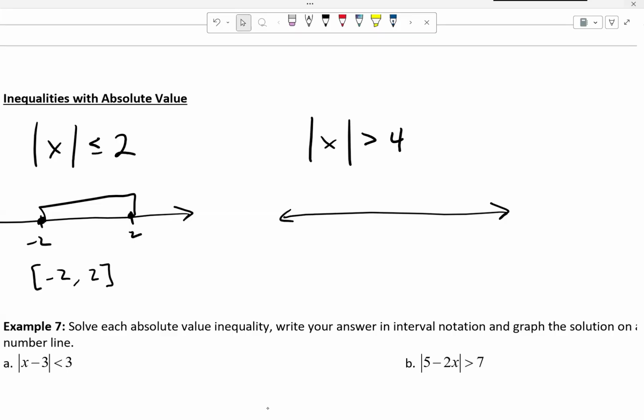It's -4, but -4 is extraneous. Okay. So -4 is definitely not part of our solution. How about 4? That's a good point. So 4 is extraneous. Well, extraneous means we can't use algebra to get a number.